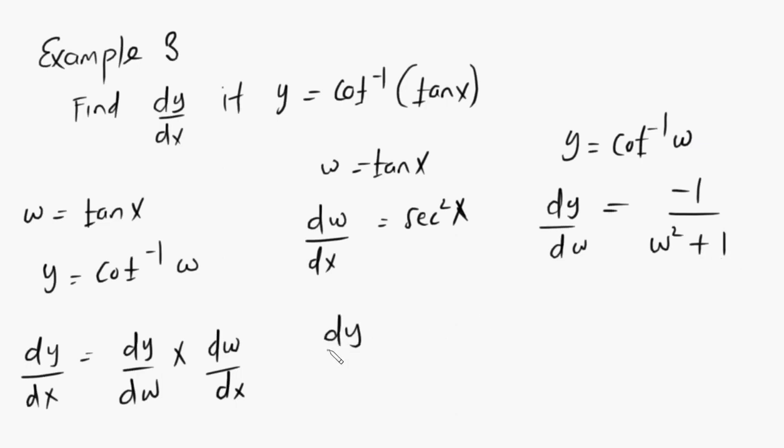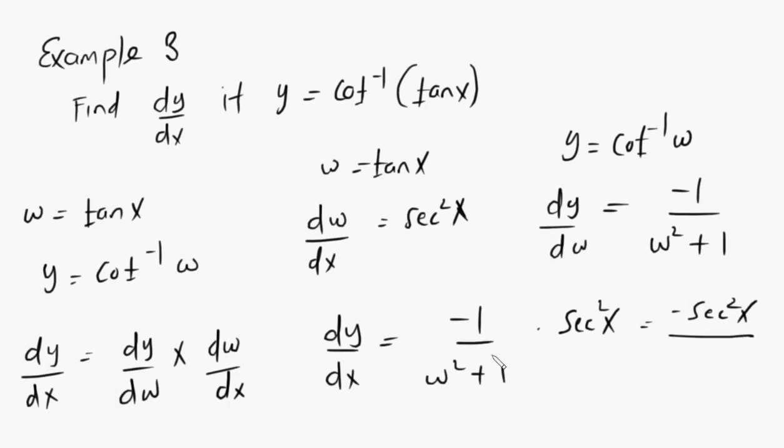So I mean dy dx is just going to be dy dw, this one, times what? Sec squared x. So what will the answer be? Negative sec squared x. Taking negative 1 times sec squared x, I get that. What is w? It is tan x. So it is tan squared x plus 1.